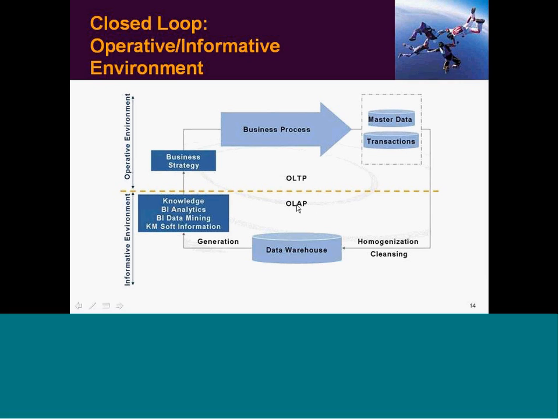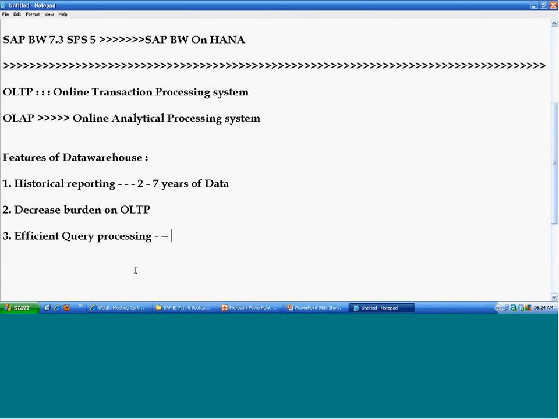Reason? The system itself is built for reporting. It's meant to handle a huge amount of data. The technical architecture of the InfoCube is built in such a way that it is good for reporting. Okay. So the multi-dimensional star schema, extended star schema, will make sure that you get a lot of query performance. So the system is built for efficient query processing.